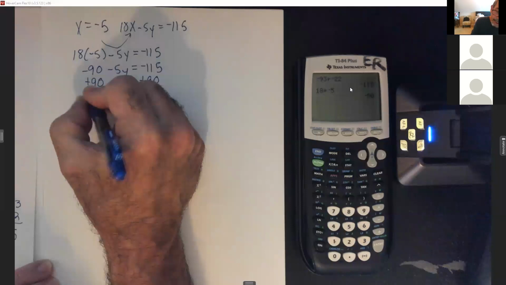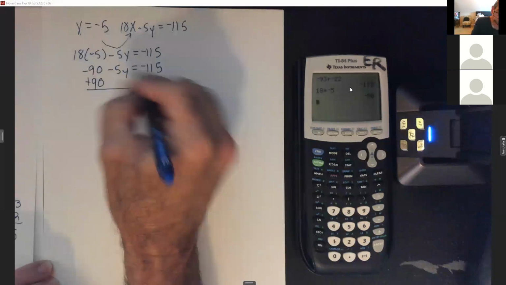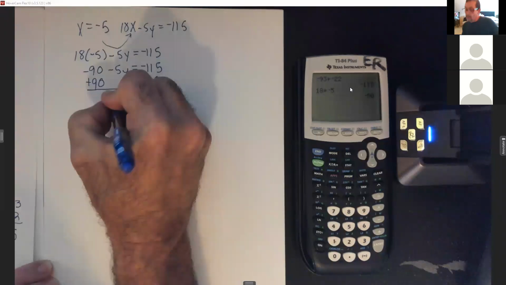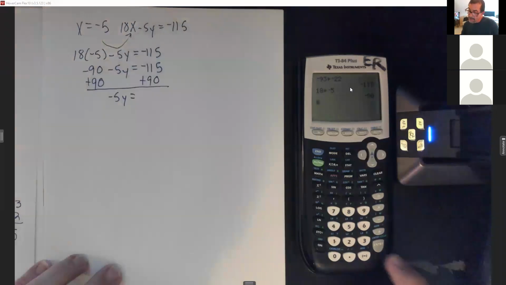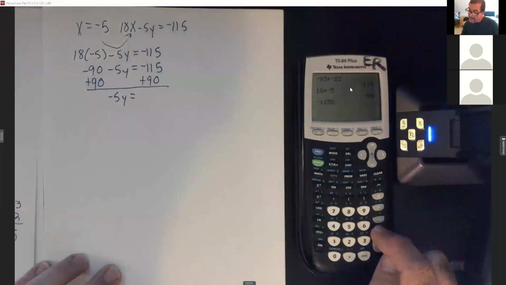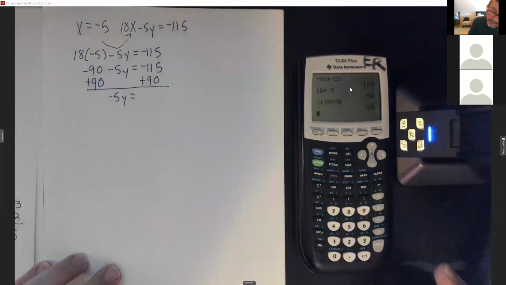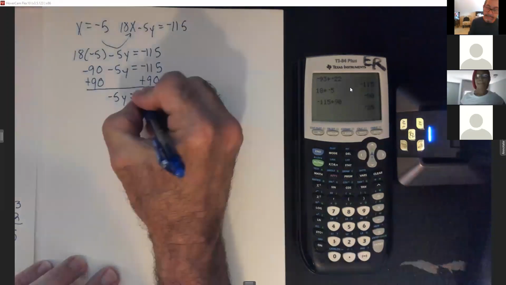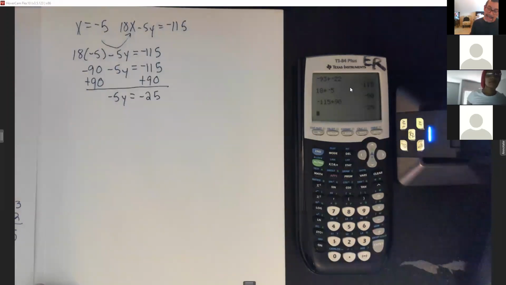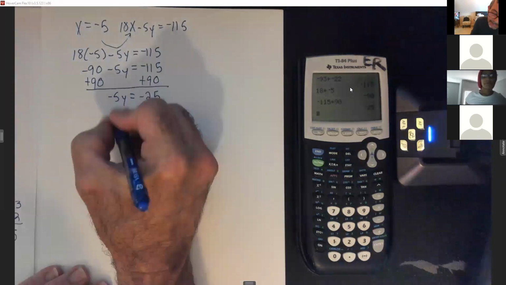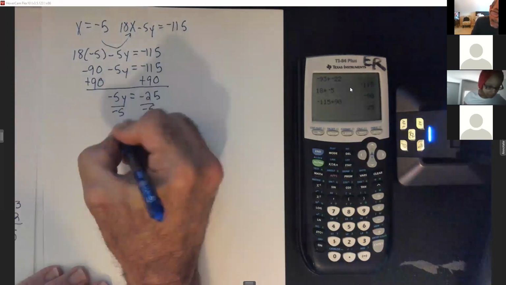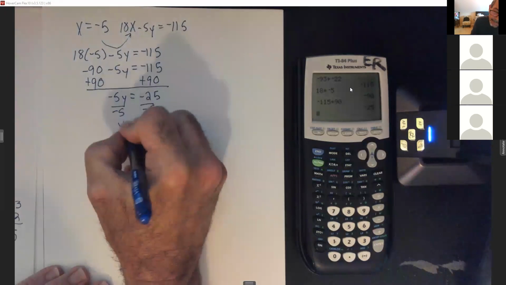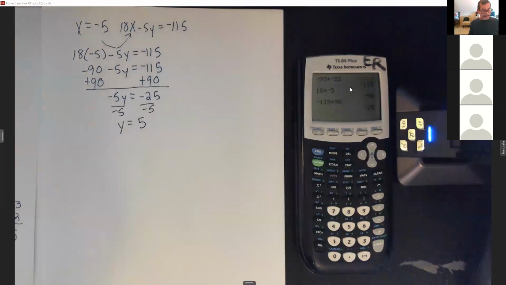So now my numbers will start shrinking. So -5y equals -115 plus 90, which is a -25. And then finally, divide both sides by that -5. And we'll have y equals a +5.